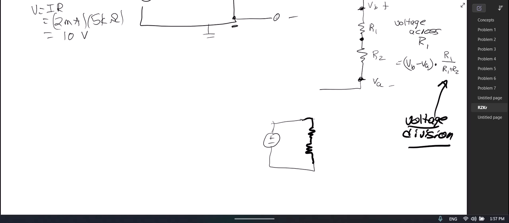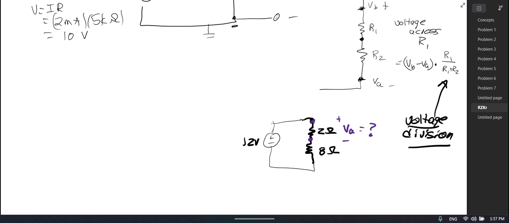So let's say I have a 12 volt voltage source, and this is a 2 ohm resistor, and this is an 8 ohm resistor. My problem is to find, let's say it's labeled like this, VA, where VA is the voltage across the 2 ohm resistor.